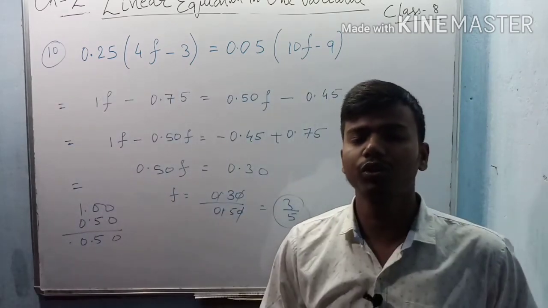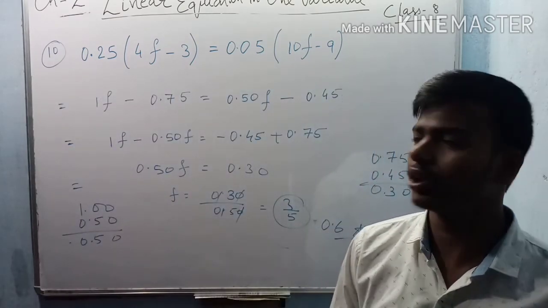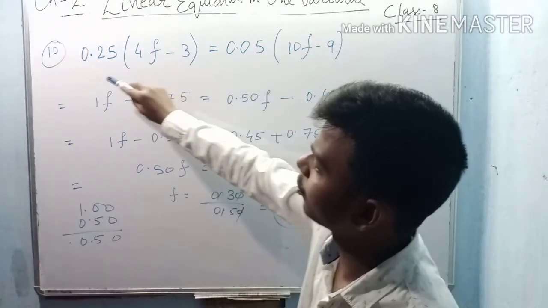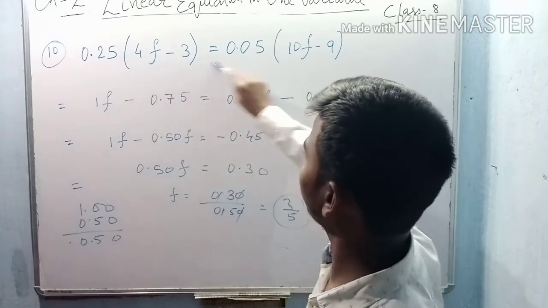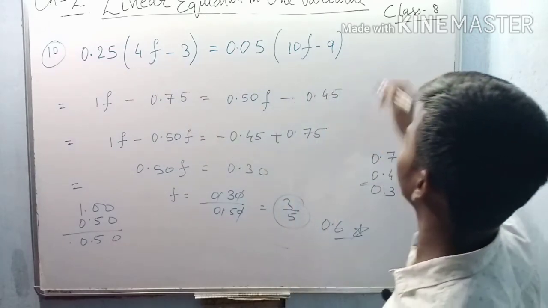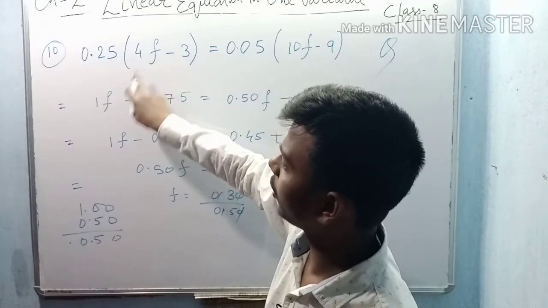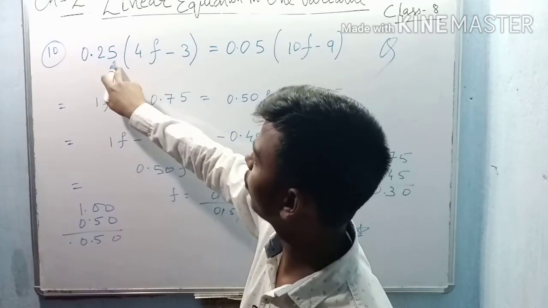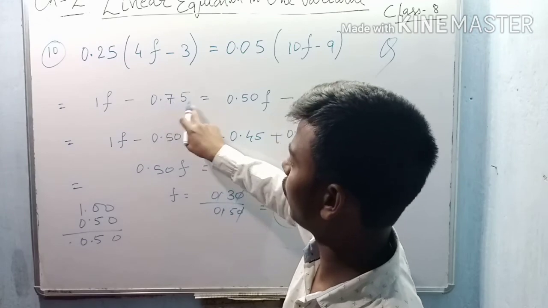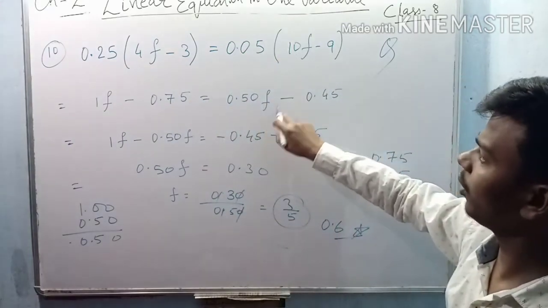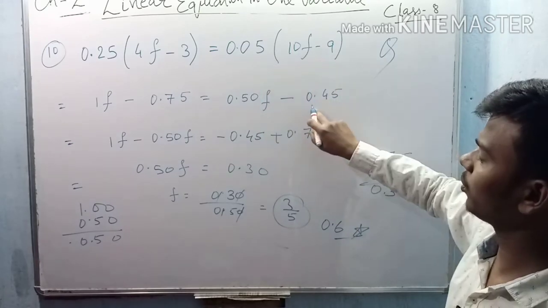I hope you have understood the last question of this exercise, question number 10, which was a point question. I will explain once again also. The question is 0.25 bracket 4f minus 3 equals 0.05 bracket 10f minus 9. What I have done: 0.25 into 4f is 1f, minus 0.25 into 3 is 0.75, equals 0.05 into 10 is 0.50f minus 0.05 into 9 is 0.45.